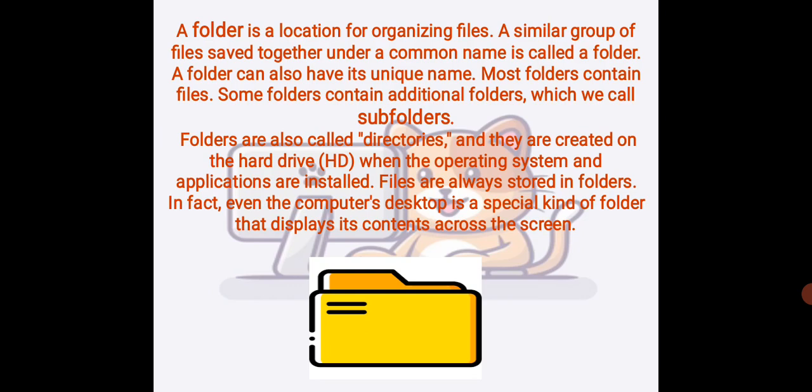Now I will define all about folders. A folder is a location for organizing files. A similar group of files saved together under a common name is called a folder.